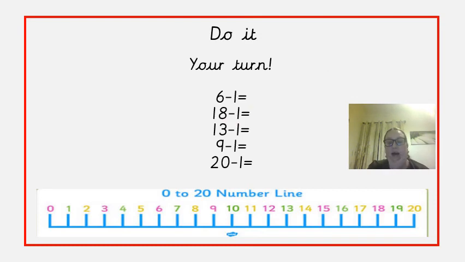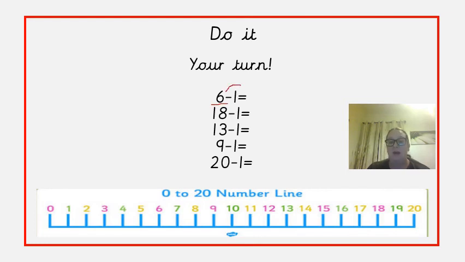Okay, now it's your turn, guys. Just like yesterday, you've got some independent work to do. I want you to use the method I have just shown you. We're just practicing and practicing, making sure that when we come back to school, we are experts at this. Remembering, we're starting with our first number, our starting point.